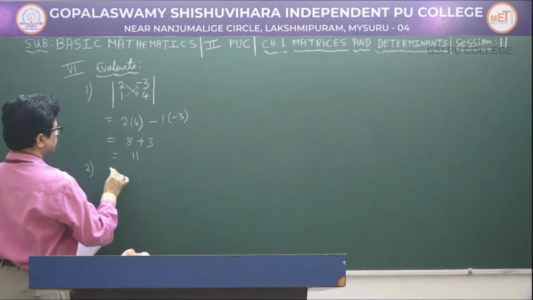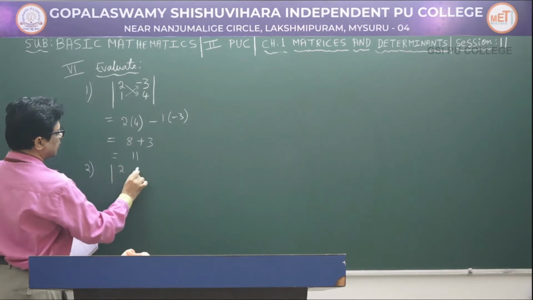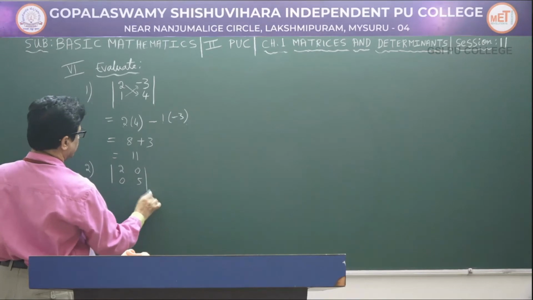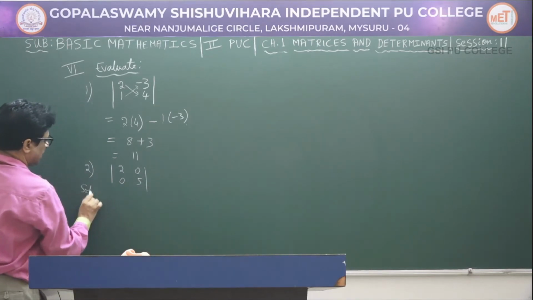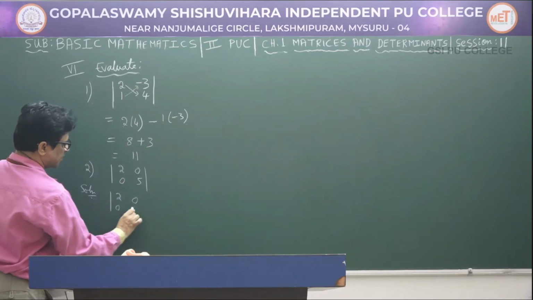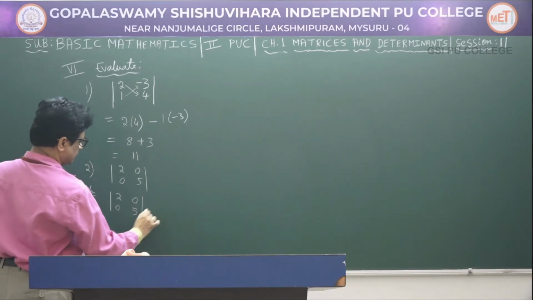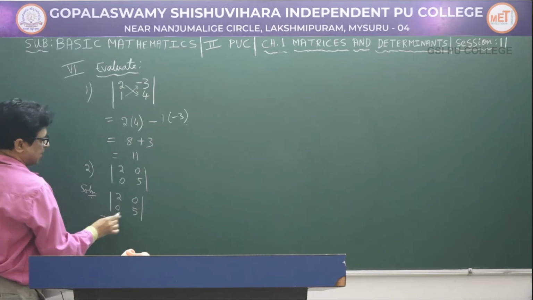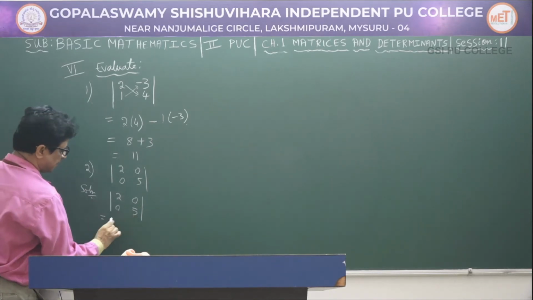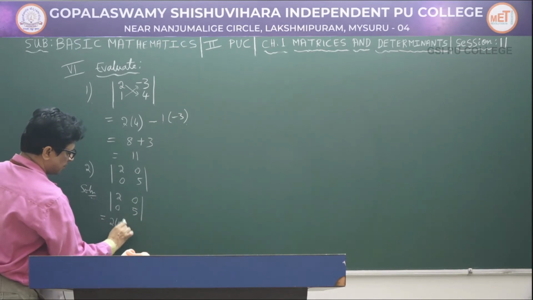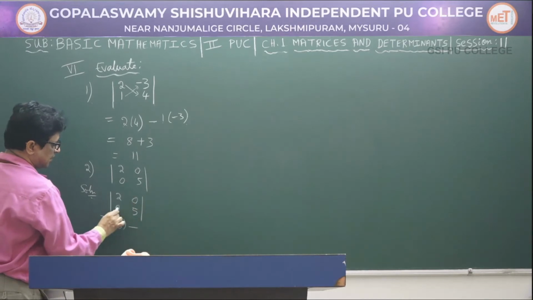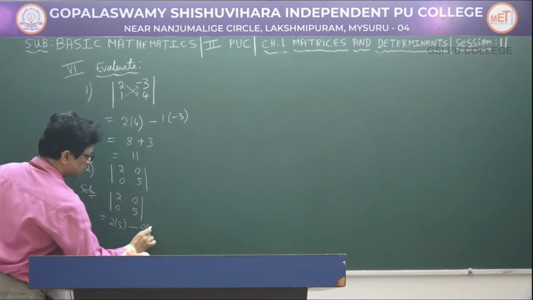Next problem, determinant of 2 0 0 5. Solution: that will be equal to the product of the principal diagonal, 2 into 5, minus the product of the other diagonal, 0 into 0.